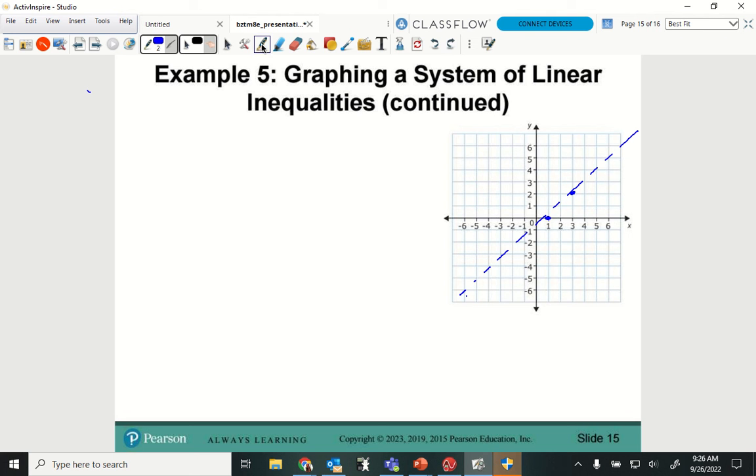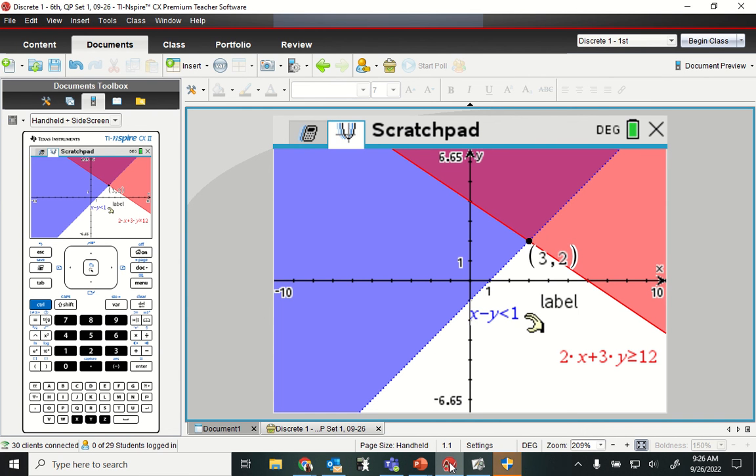Now the red line, let's go back to the red line. Where does the red line cross the x-axis? 6. Is that 6? So 3, 4, 5, 6. Yes. So at 6, that's where I'm going to put my dot for my red line.